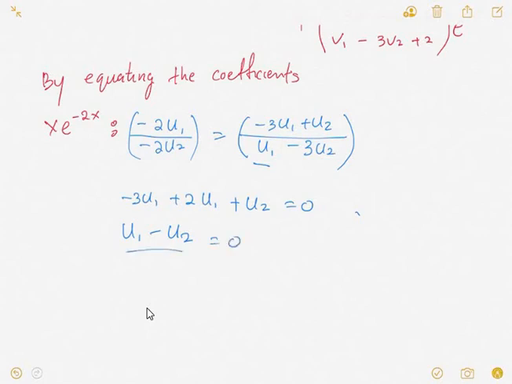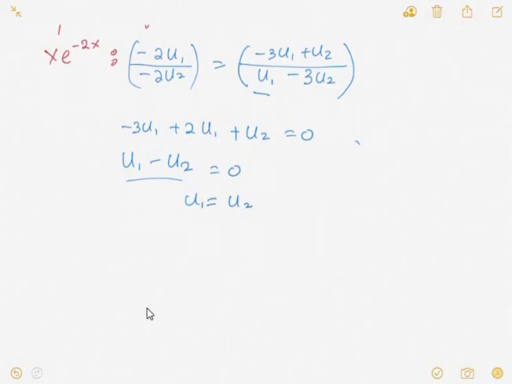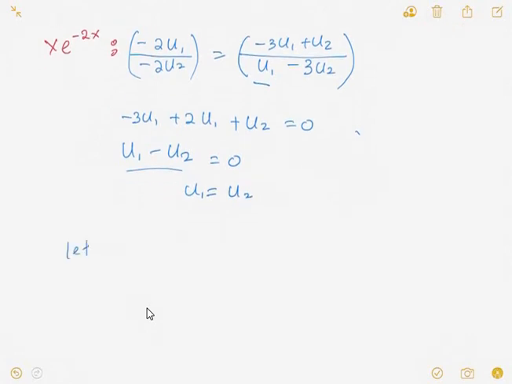So from here, you know that u1 equal to u2. Then you assume u1 equal to s.